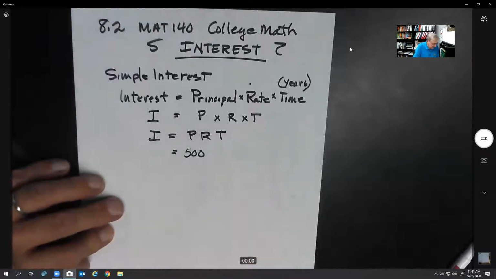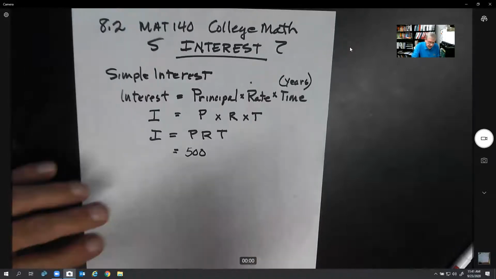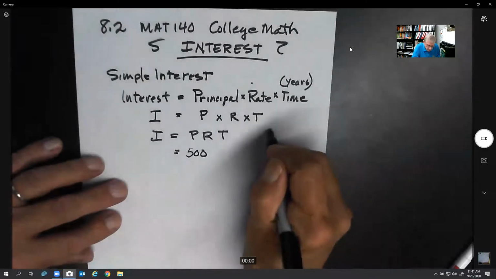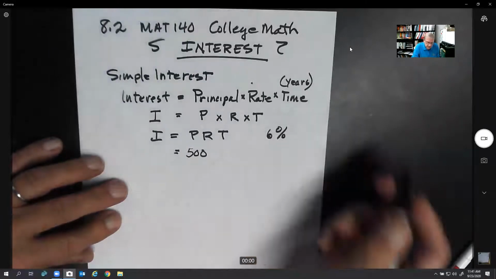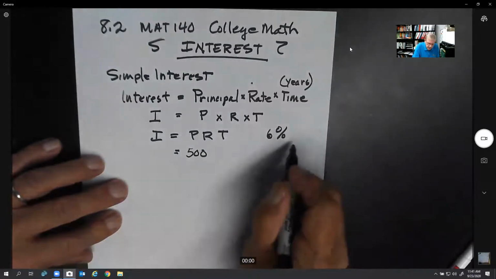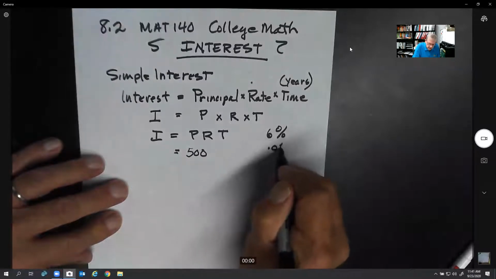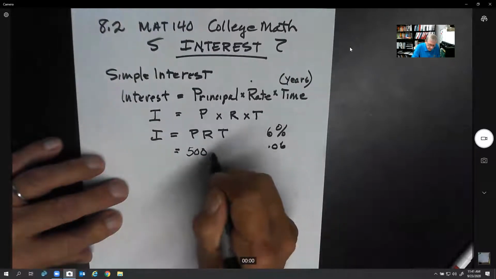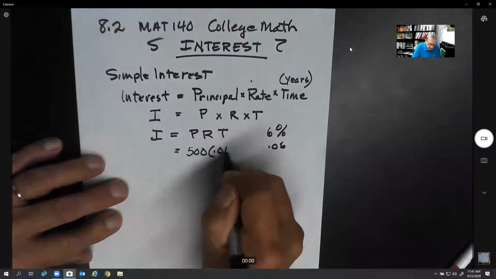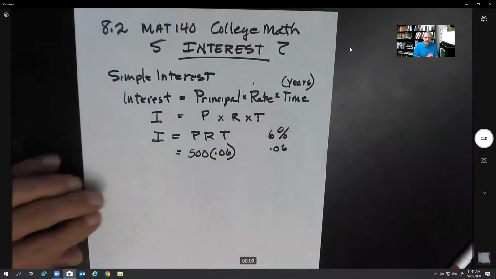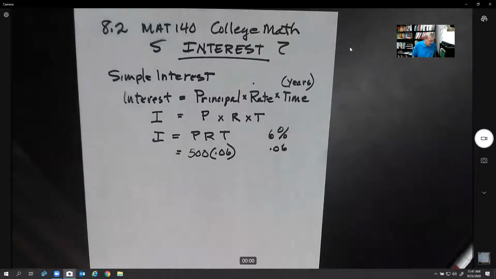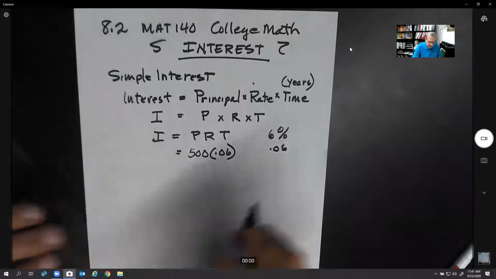The rate is 6%, but when we put it into a formula, a percent always has to be changed to a decimal, so we change it to 0.06. Another way we can show times is by using parentheses. The time involved is 4 years.